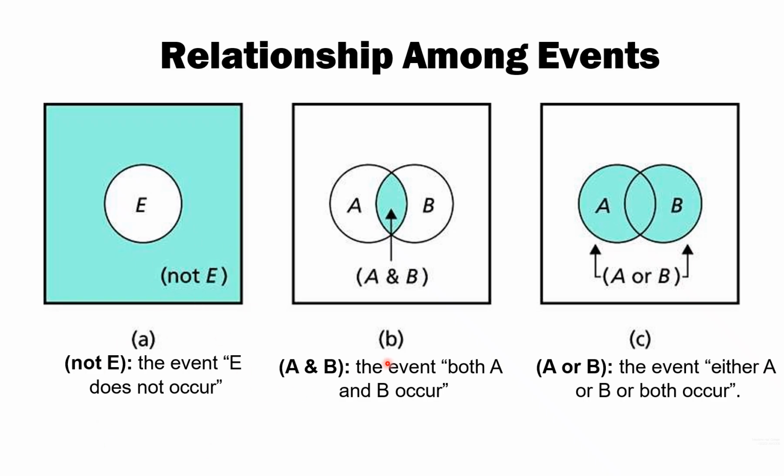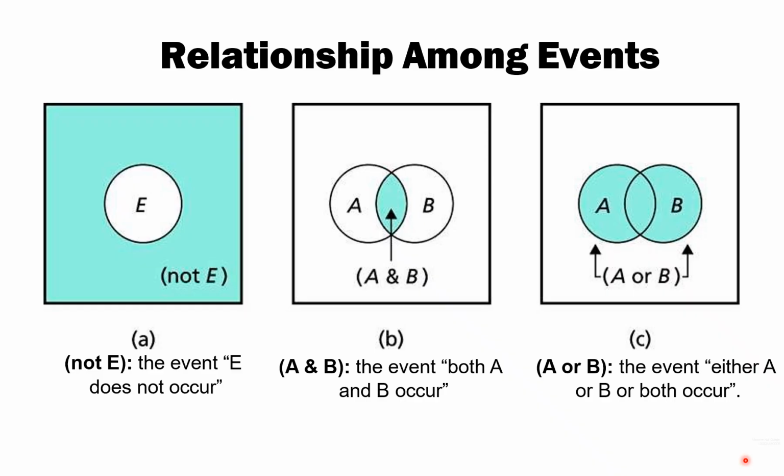And then we have the event both A and B occur. Both events A and B consists of all the outcomes common to event A and event B. But then you'll see in C, we've got A or B, the event either A or B or both occur.